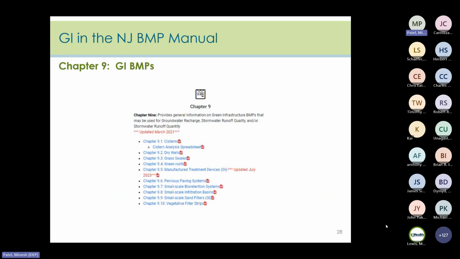And not all MTDs are considered GI, but the ones that are considered will be included here in Chapter 9. These MTDs have a vegetative or soil component that meet the GI definition. And lastly, these small scale systems listed here, they have a limited drainage area that they can treat compared to other BMPs.